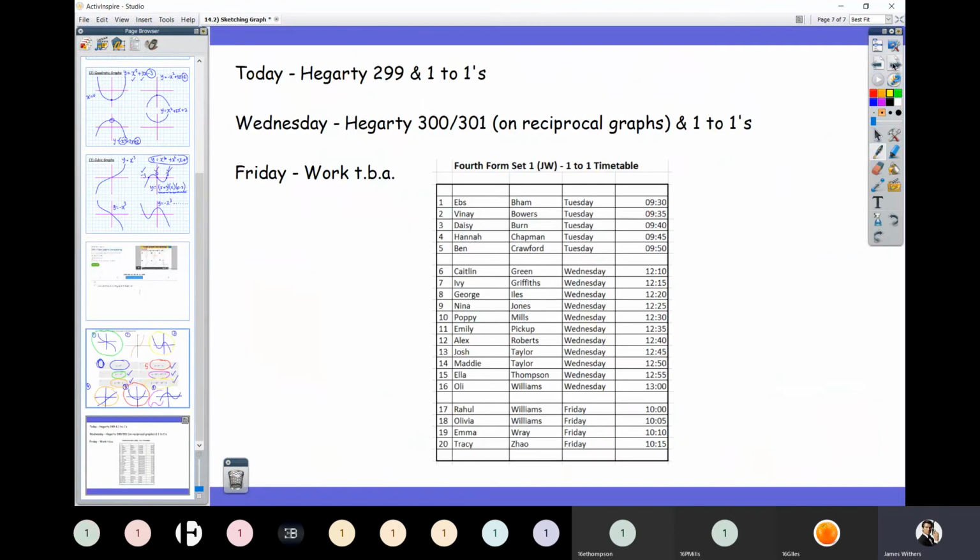Now on to our one-to-ones, okay? I've just done these alphabetically, so I'm going to kick off with Ebs, Vinay, Daisy, Hannah, and Ben today at those times on the left, on the right-hand side. Obviously, if somebody misses one of those, if somebody's not listening now, what I might do is go and invite the next person on the list to come along.